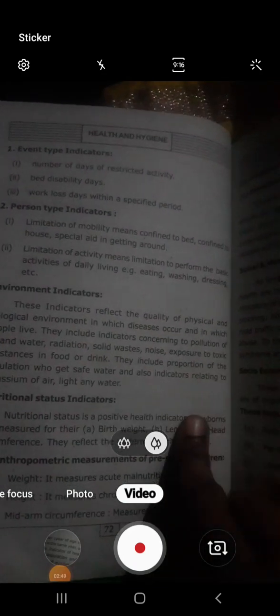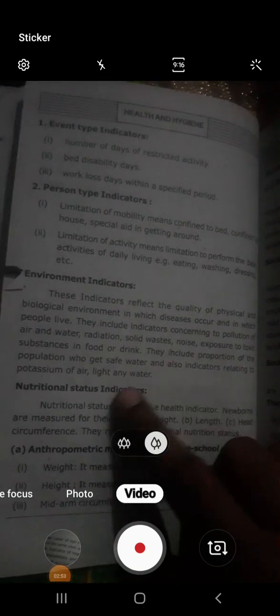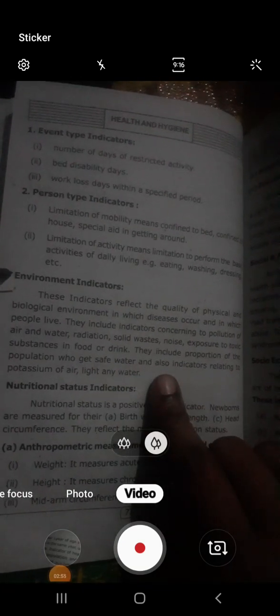So the substances in the food and water we are taking, food and drink, get polluted and become poisonous. Indicators include who gets safe water, quality of air, light, any water we can take. So this indicates environmental indicators.